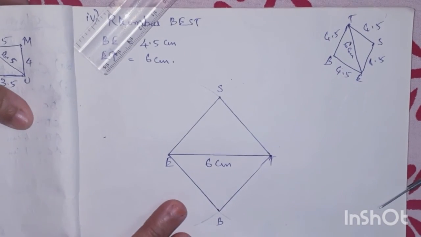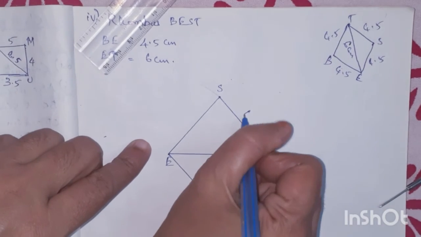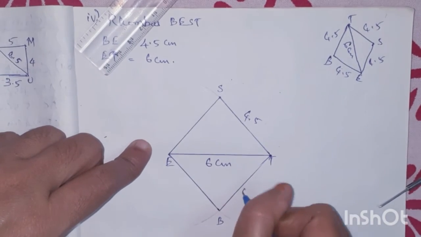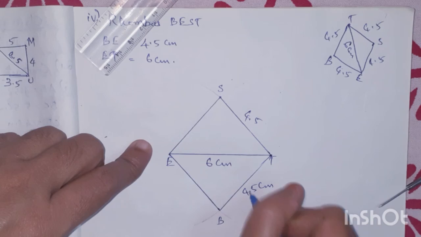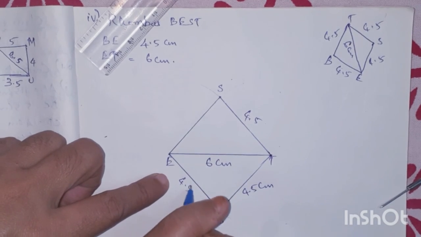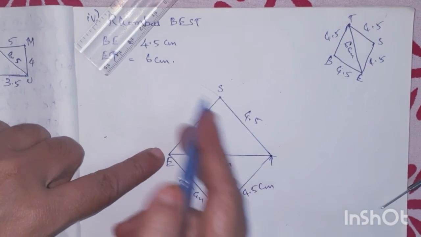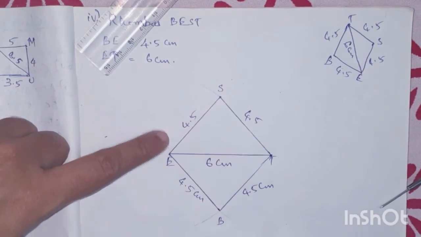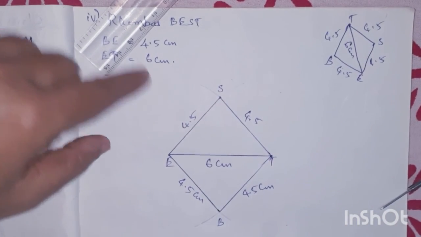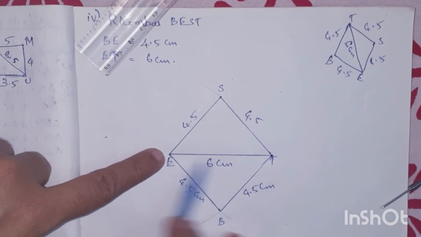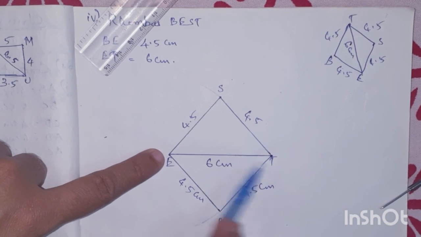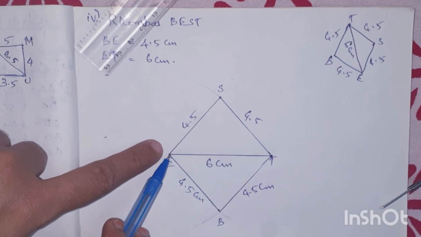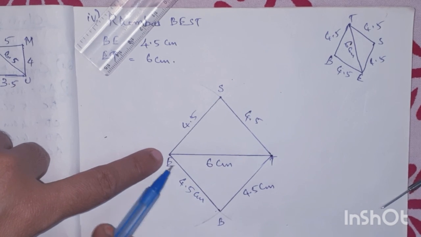Here construction are very easy because rhombus, all the sides are equal. With the same radius we can draw 4 arcs, with the help of 4.5 centimeter. First draw the line segment 6 centimeter ET, then take 4.5 centimeter as radius.